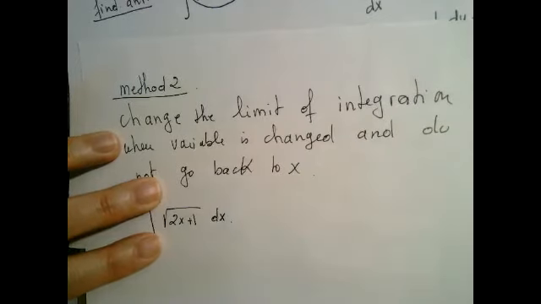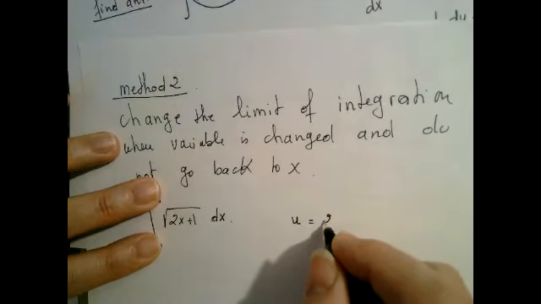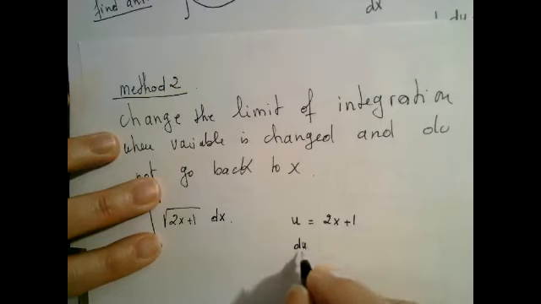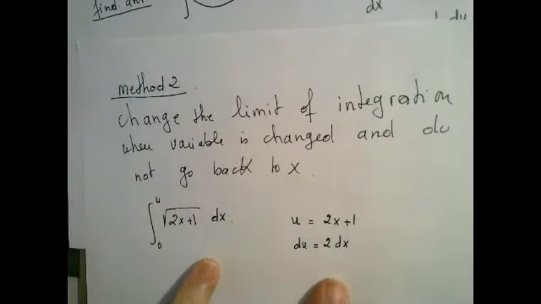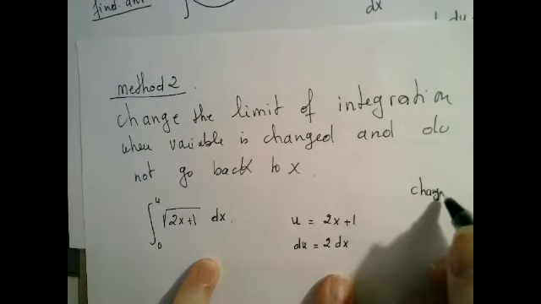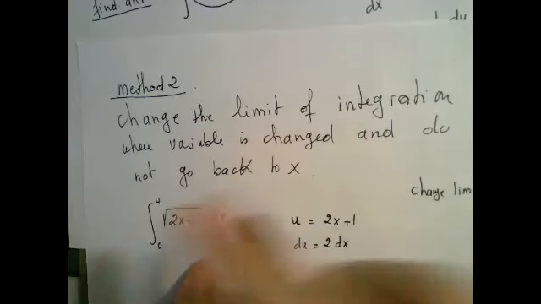And we know what my u is: u is 2x plus 1, and du is 2 dx. Now, immediately at this stage, I'm going to change the limits. What do I mean by that? Change the limits of integration, meaning the lower and the upper limit.